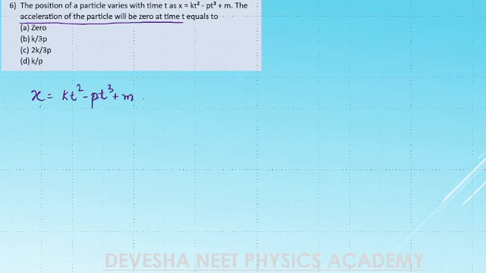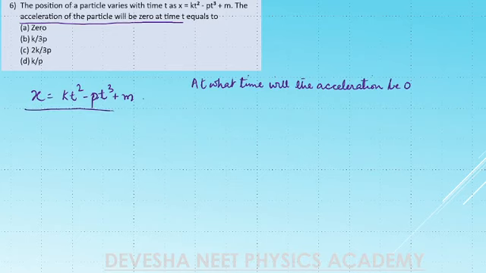So we basically need to find at what time will the acceleration be 0.